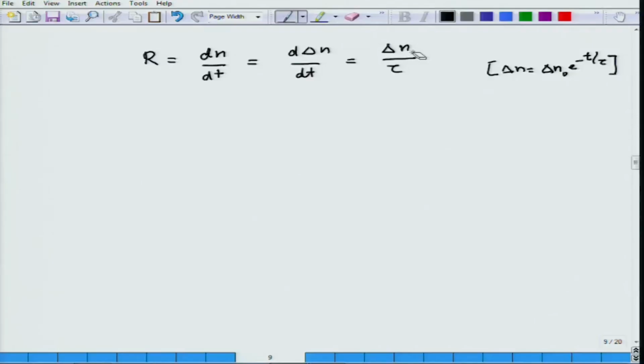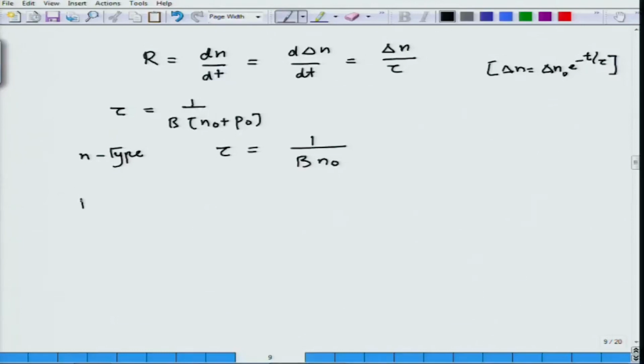One can further simplify this equation. Lifetime tau for a general case is 1 over B(n naught plus P naught), but if we take a majority carrier n type device, P naught is going to be very small. Then the lifetime for carriers is going to be 1 over B n naught, and if it is a P type semiconductor, the lifetime will reduce to 1 over B P naught, because n naught is going to be very small compared to P naught.